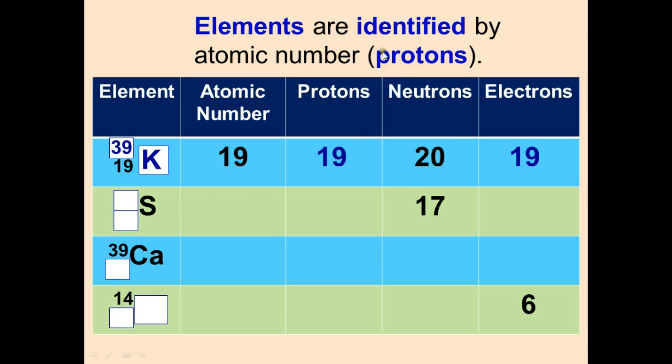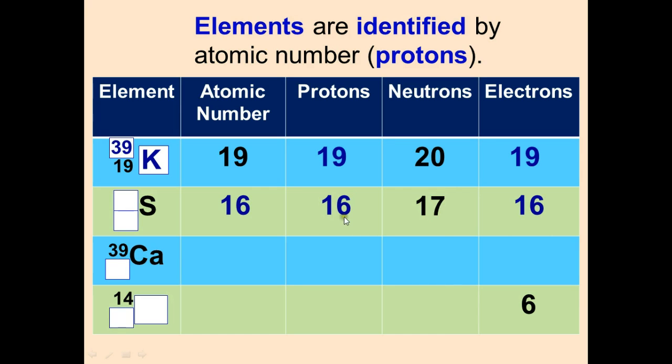For the next element, which is S for sulfur, it is number 16. So we found the atomic number 16, and the atomic number tells you the number of protons, which is also 16. It also tells you the number of electrons, because the protons and electrons always cancel out, otherwise we would have positive atoms or negative atoms, and we don't want that.